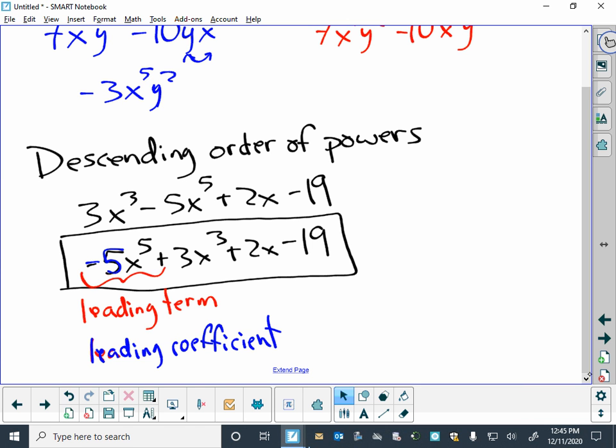We bother defining those things because we will make use of them later. So those are the things that you need to know. There's the basics of polynomials and the vocabulary associated with it.